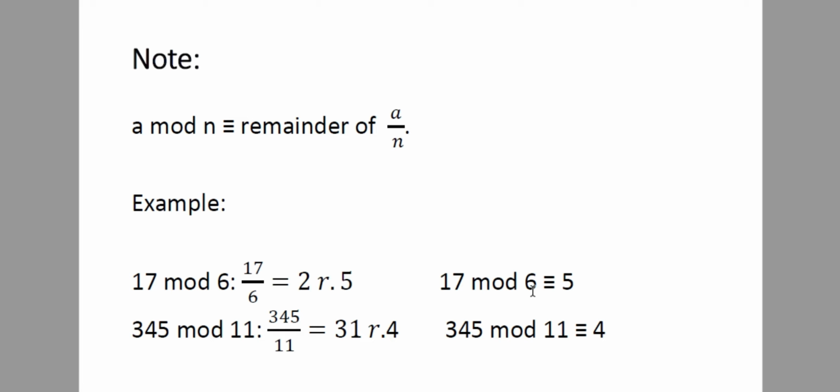Therefore, 17 mod 6 is equivalent to 5. If it's 345 mod 11, 345 divided by 11 is 31, remainder 4. So it's the remainder, therefore 345 mod 11 is equal to 4.